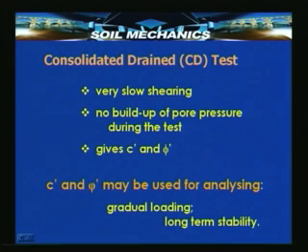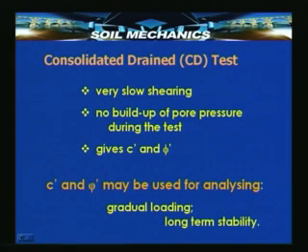Now, where do we use this c dash and phi dash? What is the application of this test? The application of this test lies in the fact that it gives us effective strength parameters, and they are very useful wherever this test condition replicates the field condition.